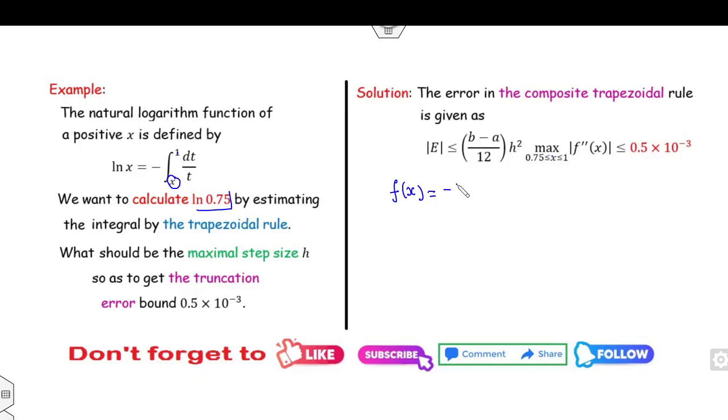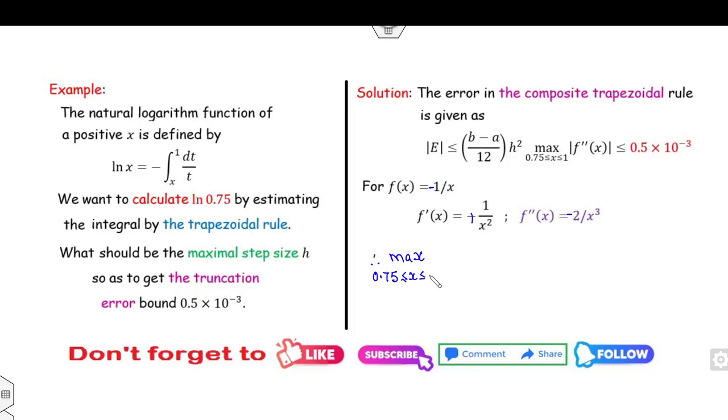What is f? f is minus 1 over x. What is the first derivative? 1 over x square. What is the second derivative? Minus 2 over x cube. Fine. Now, so this is negative, this is positive, and this is negative. So therefore, what is the maximum value of the f double dash of x from 0.75 to the upper limit 1? This part will be the maximum for 0.75 less than x less than 1.